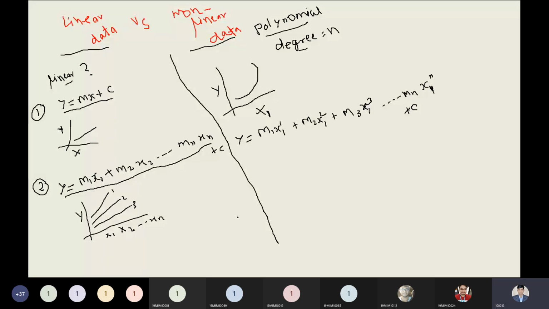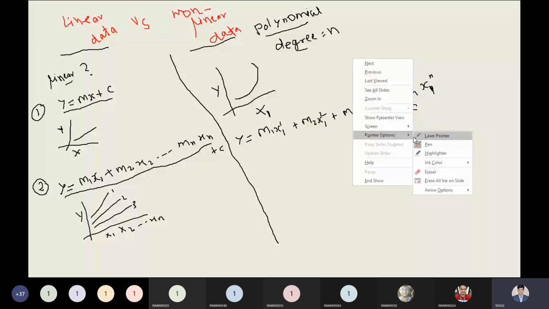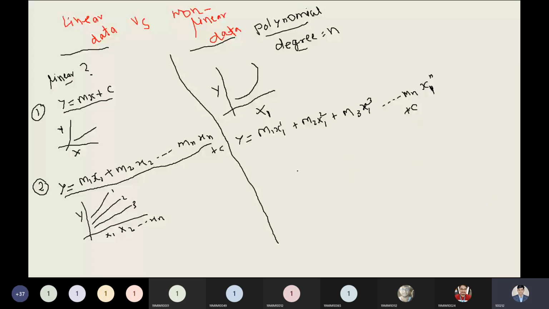Now, after observing this point, can anyone tell me what is the biggest difference you have observed between the non-linear data and linear data? Can anyone tell me? In linear data, we have a linear equation, whereas in non-linear, we have a polynomial equation. That is a good point, but you can observe another point over here.